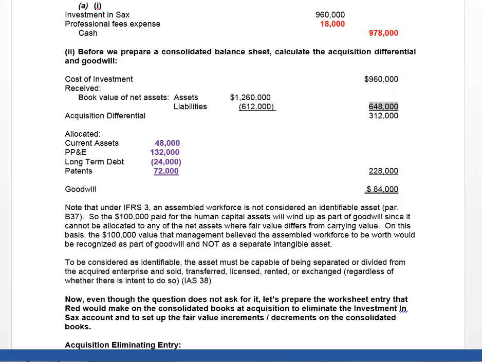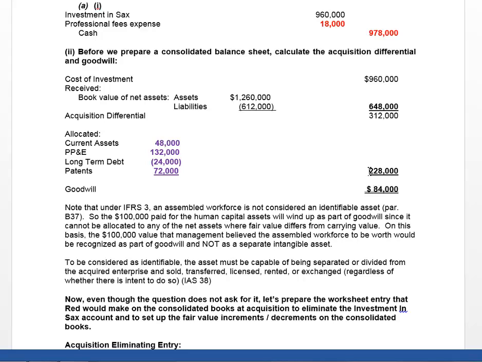I'm just going to bold them for a second. These are the three pieces here that make up this $960,000 investment, right?